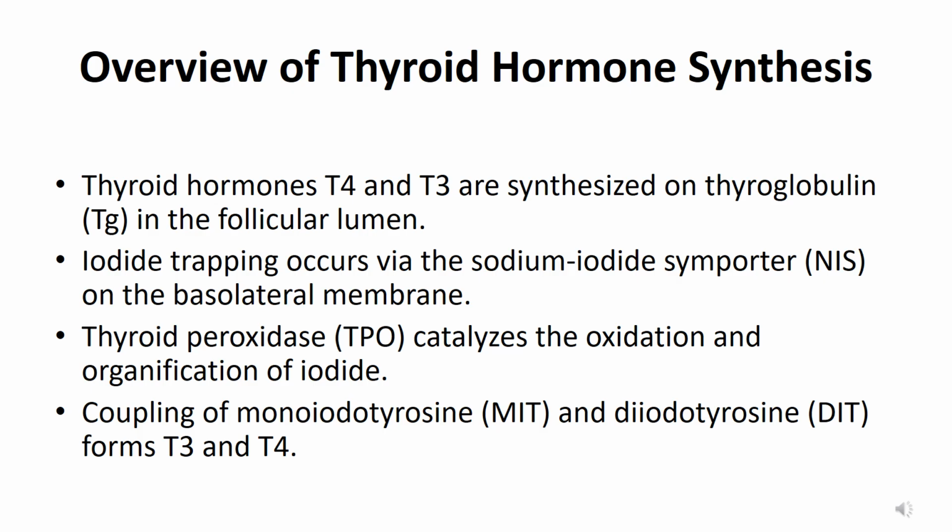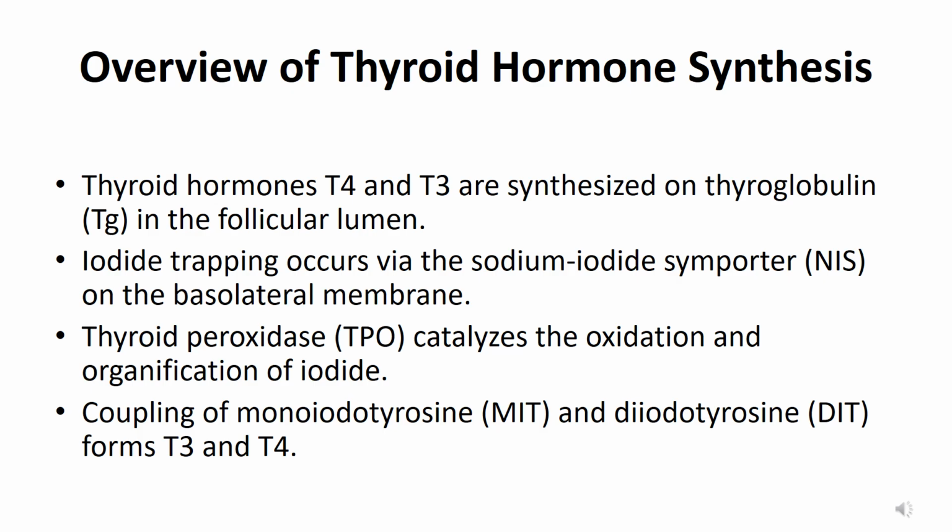The entire synthesis process begins with iodide trapping. Dietary iodine is absorbed from food and enters the bloodstream mainly as iodide. Thyroid follicular cells actively pull iodide from the blood using a specialized transporter called the sodium iodide symporter, or NIS.